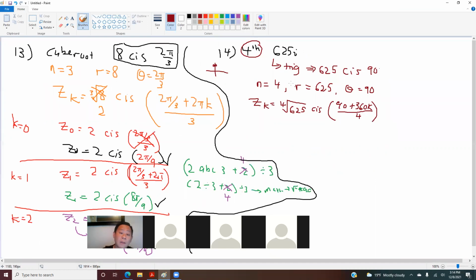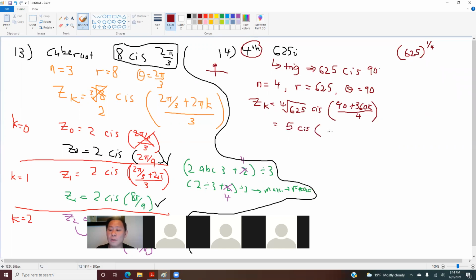If your calculator doesn't have a 4th root, it's the same thing as the power of 1/4. So if you don't have 4th root in your calculator, you just take that 625 to the power of 1/4. Okay, that will be the 4th root. Anyone know what is the 4th root of 625? 5.